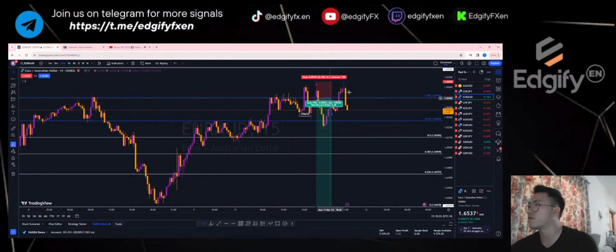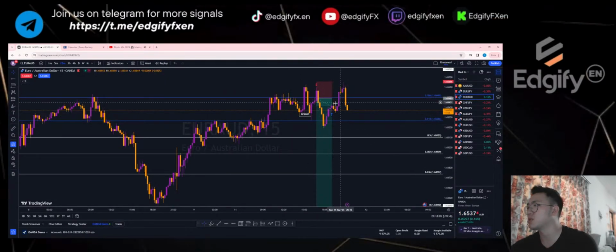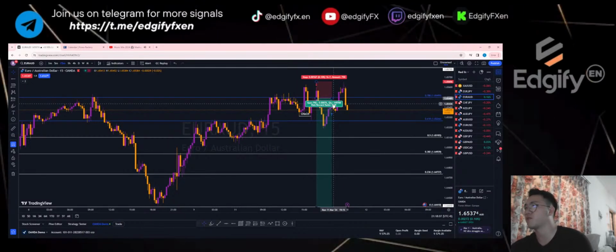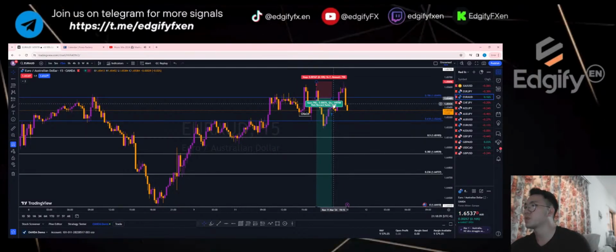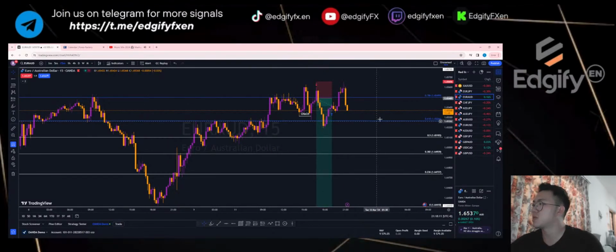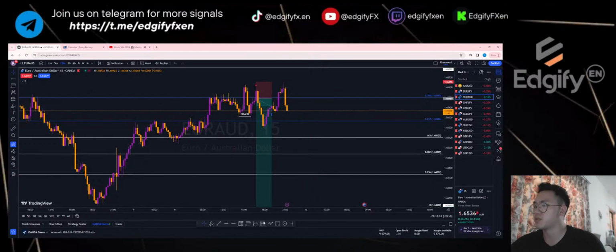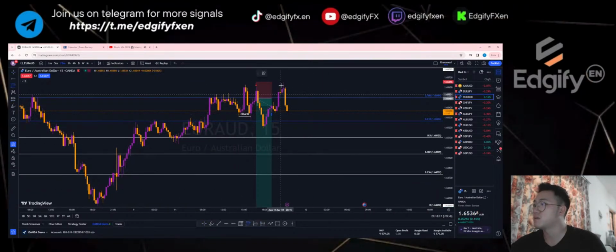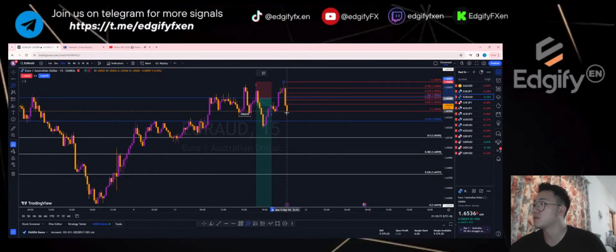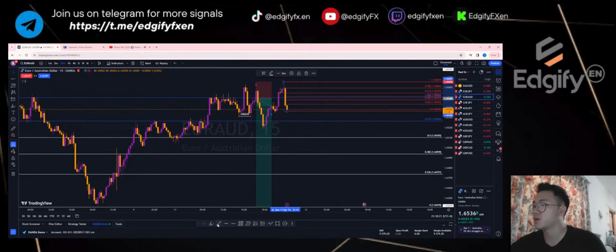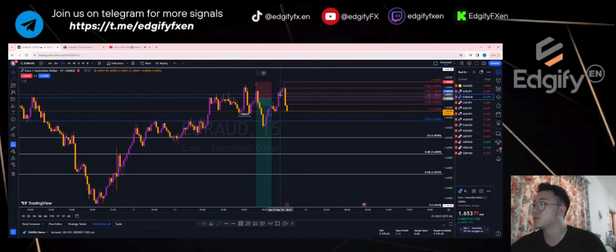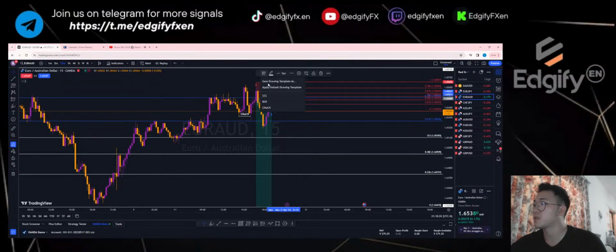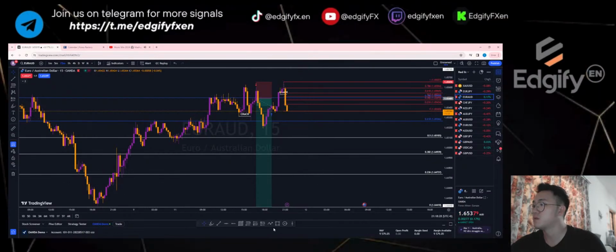Euro AUD, I've taken partial, set BE, like I said, already hit my break even. A second entry for this is possible, but it will be very risky, because we have like a minor change of character at this level.